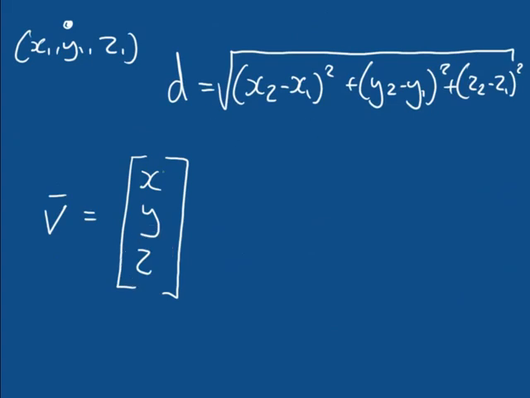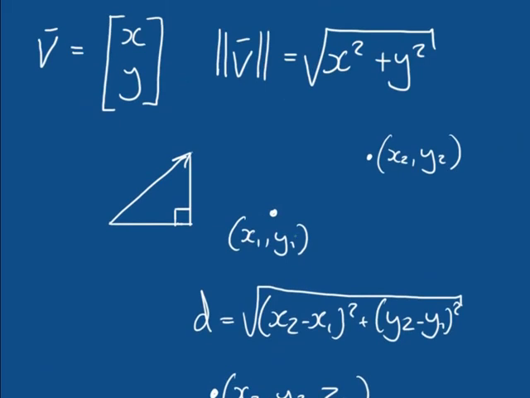So can we not think of x as how far we have travelled in x, y as how far in y, and z as how far in z, much in the same way as we did with our 2D example, where x2 minus x1 became x, and y2 minus y1 became y? Well, yes, we can.